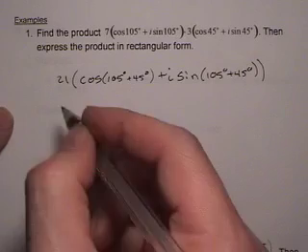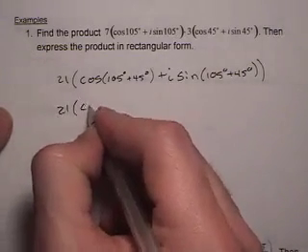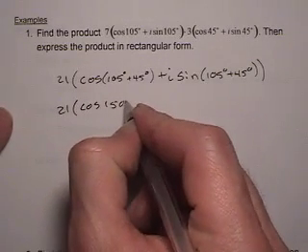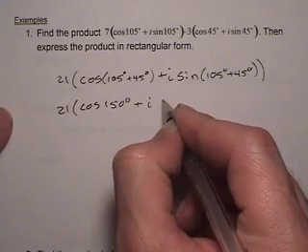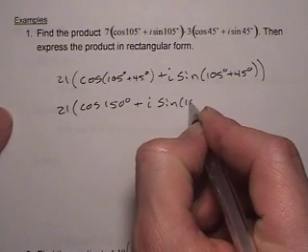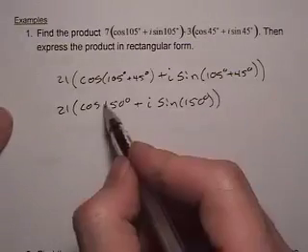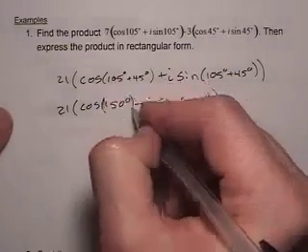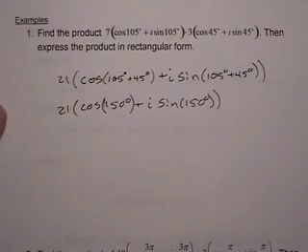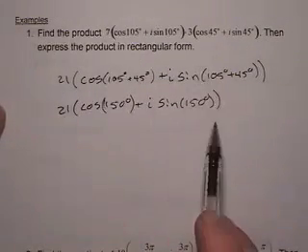Then just do the addition. So 21 cosine 150 plus i sine 150. I like to put these in parentheses, but anyway, that's your product in polar form.